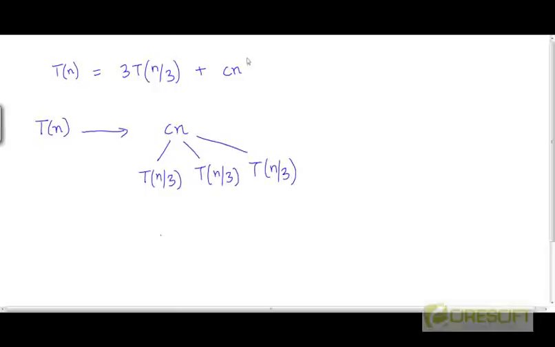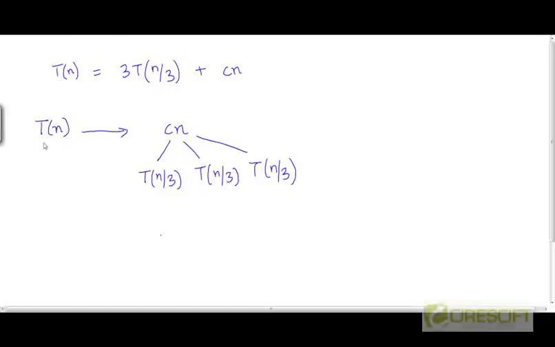So we are going to write the function c·n, or f(n) in general, in place of T(n), and we are going to write the expressions for the running time on the smaller subproblems as children of c·n. So this is the tree that we get after the first round of applying this recurrence equation.